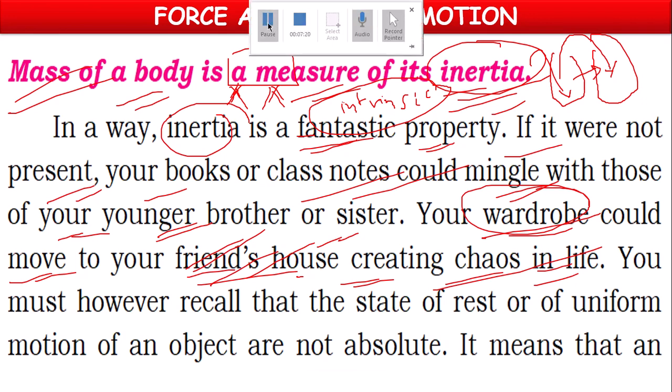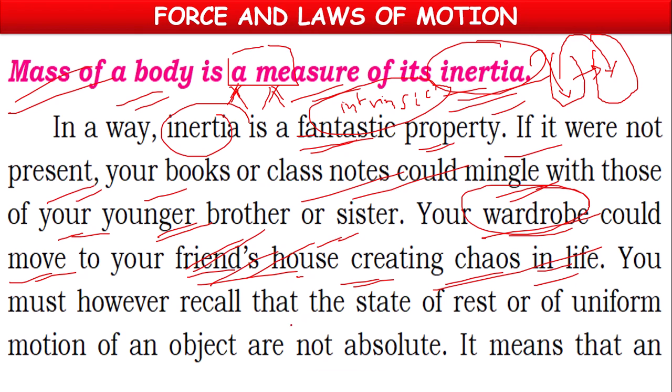One minute, children. Here, children, the state of rest or uniform motion of an object is not absolute. It means the rest or uniform motion depends on the observer.